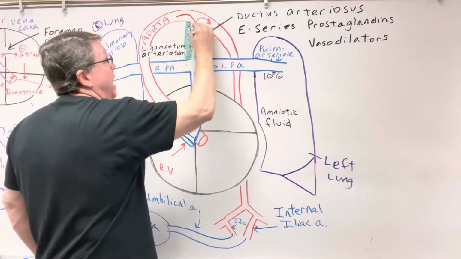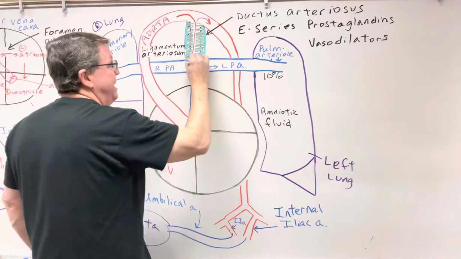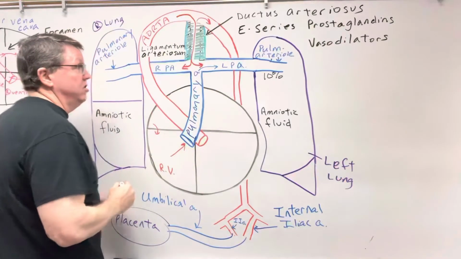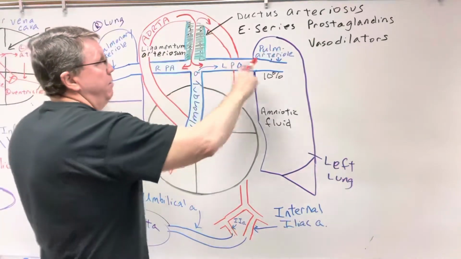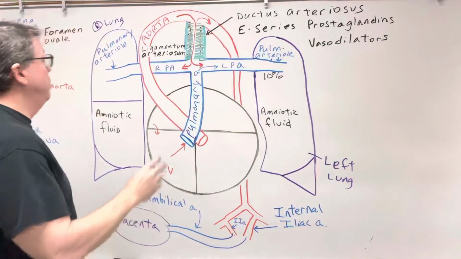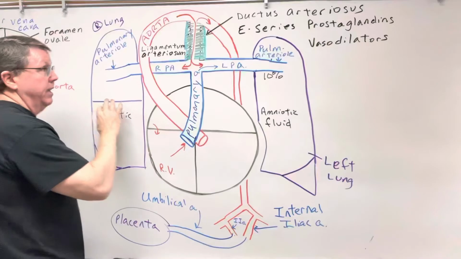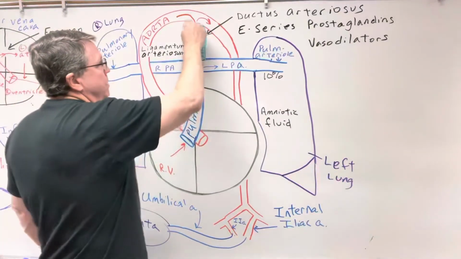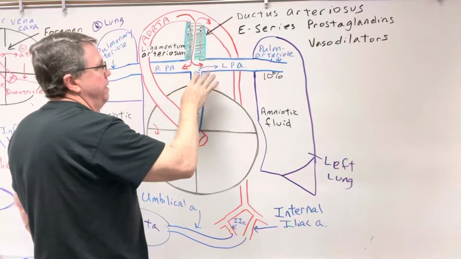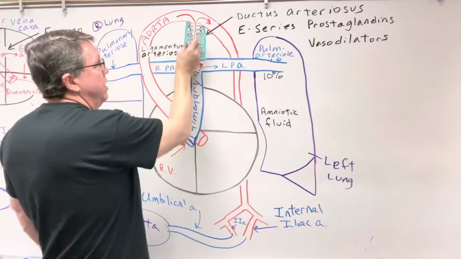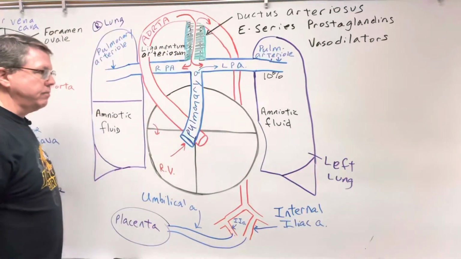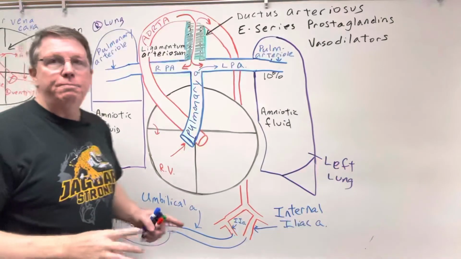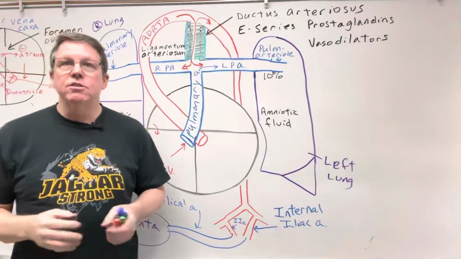So now I can get oxygenated blood coming down through this ductus arteriosus that then goes back out to the lungs, okay? And for the most part, a lot of times it's not going to be a problem, and they don't even do anything about it. Other times they have to do surgery and they'll go in and close that up. Okay, so that's basically it for the ductus arteriosus.